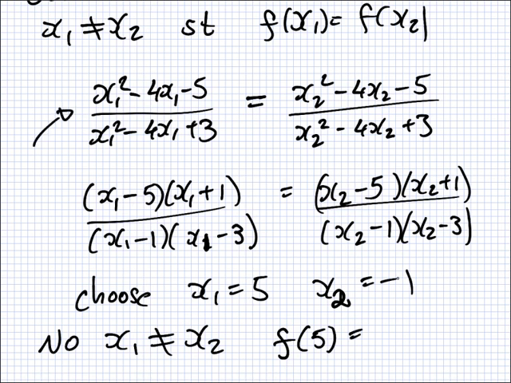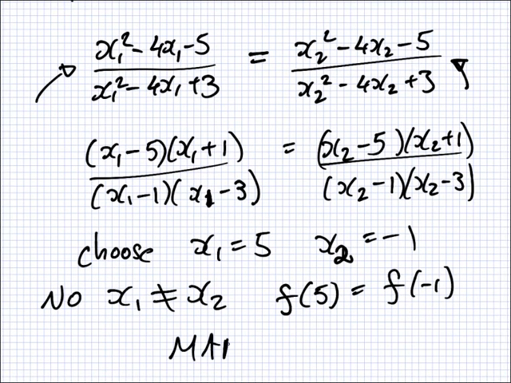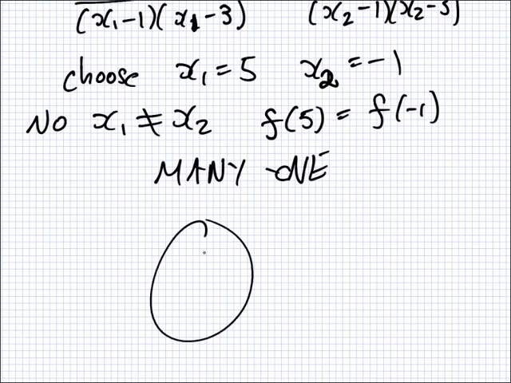You get 0. And if you put minus 1 in here, what do you get? 0. So f of 5 and f of minus 1 are the same. They're both 0. Therefore this is many-to-one, because we've shown that minus 1 and 5 both go to 0.